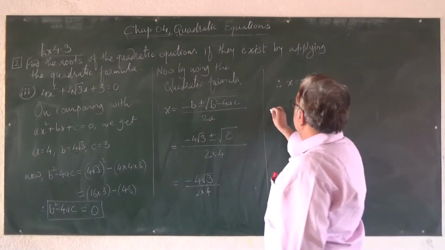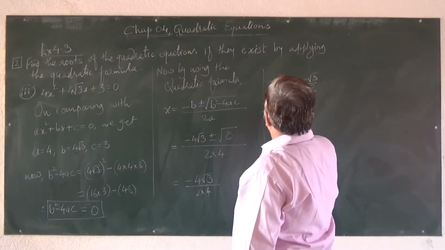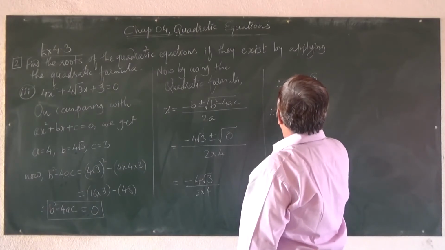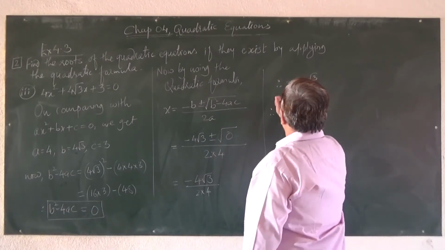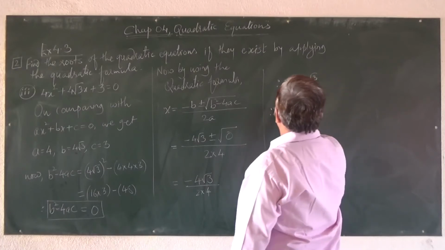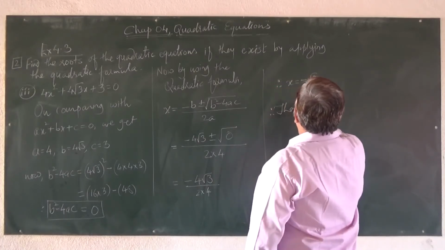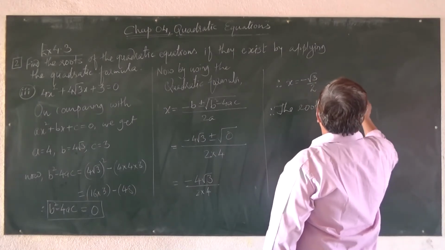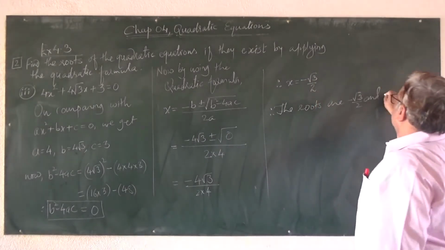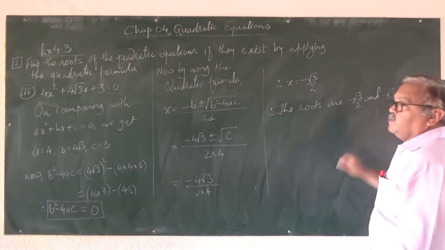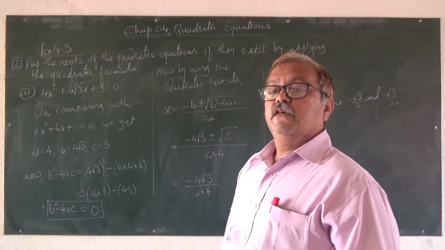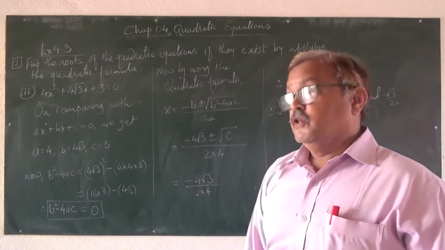So we will write therefore the roots are minus root 3 by 2 and minus root 3 by 2. x की वैल्यू रिपीट होती है जब b square minus 4ac is equal to 0.